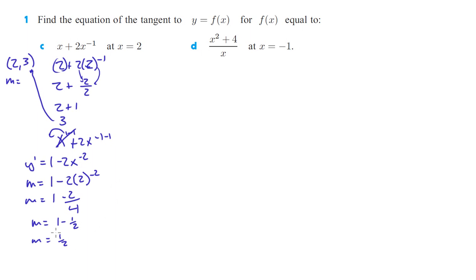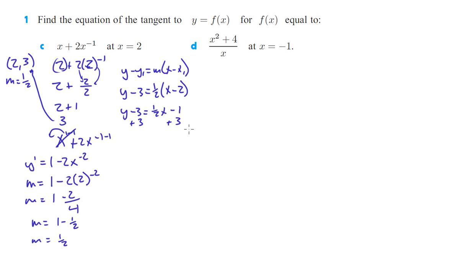Okay, now we have our slope is 1/2 and our point is (2, 3). So now we'll plug that into y minus y1 equals m times x minus x1, our point-slope formula. So we get y minus 3 equals 1/2 of x minus 2. Distribute the 1/2 through, we get 1/2 x. 1/2 of negative 2 is negative 1.